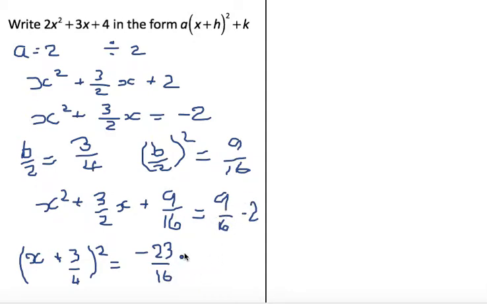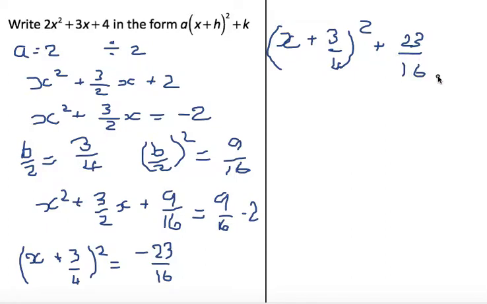Okay, double check that with your fractions. Let's add this to both sides, just like we did before. So it's x plus 3 over 4, all of that is squared, plus 23 over 16.